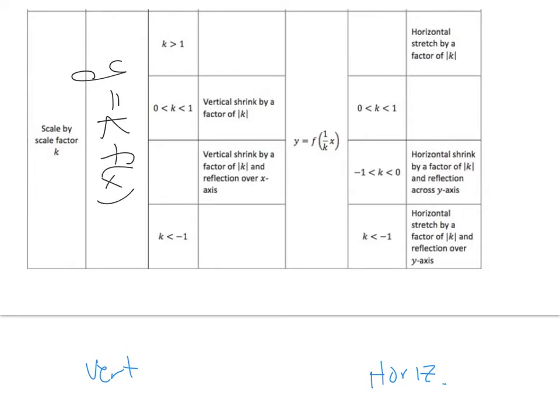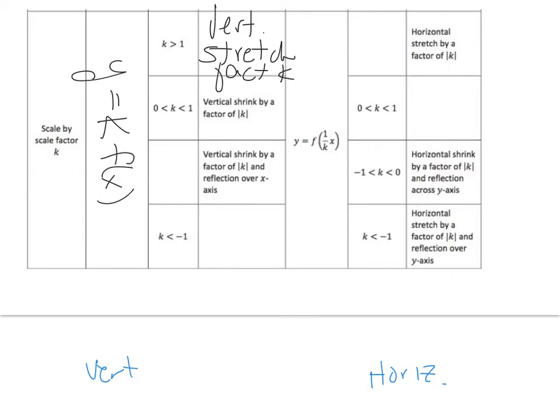It's on the outside of the function. That's how we know it's vertical. When k is greater than 1, we are doing a vertical stretch by a factor of k. It's a vertical stretch by a factor of k.